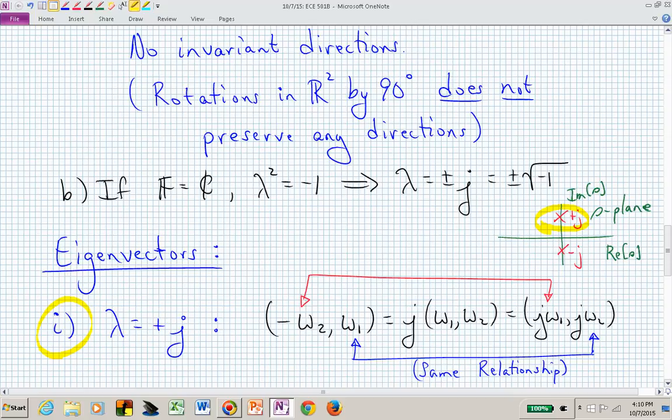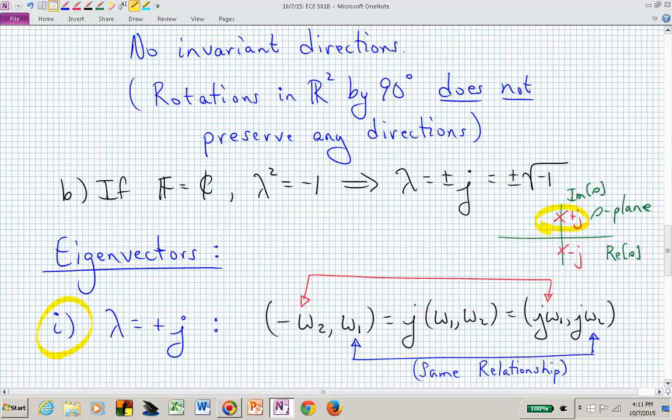We push that j through to each component, and now we get two equations, one from each component. But if you look at those, we have some redundancy, or they're dependent, and that should be okay. That's all right, because we needed a non-trivial vector in our null space of this equation.